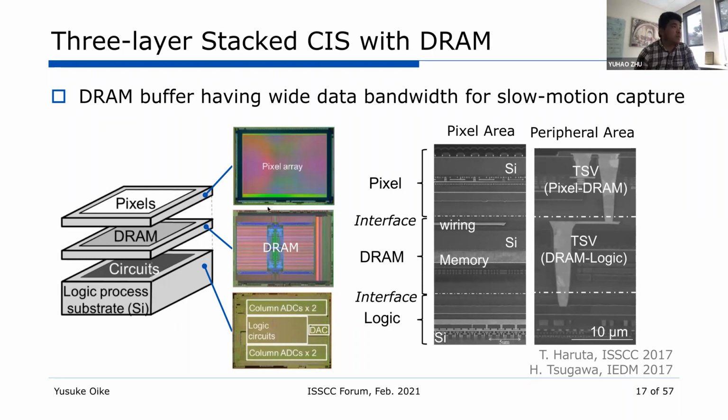This particular sensor was used for one of the Samsung Galaxy phones, and they wanted to use it for slow motion capture, like 120 frames per second. If you want to capture 120 frames per second, the bottleneck really is how quickly you can transmit the frames outside the sensor. So it's bottlenecked by the data transmission.